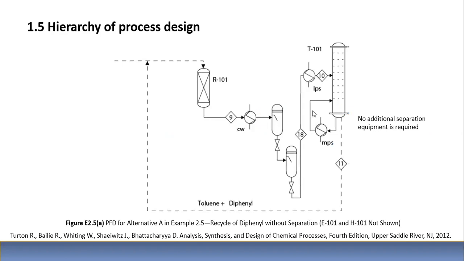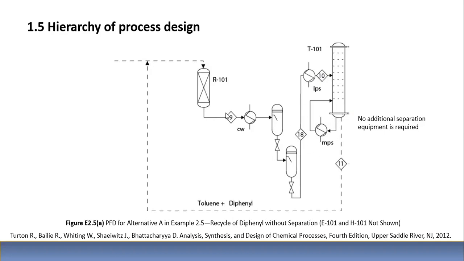So if we explore this, once we separate, and we have diphenol in here with toluene, the diphenol is coming in here, it's going back to the process, and it's going to go to the reactor 101, the cooler. Then we have these separation vessels, and again, another exchanger, then the tower, then the reboiler, going back into the tower.